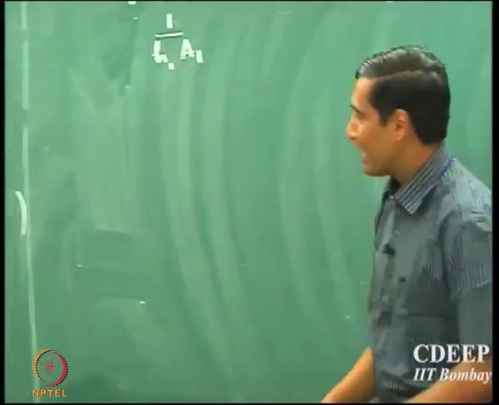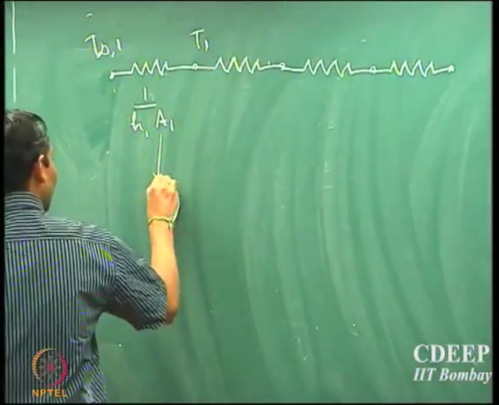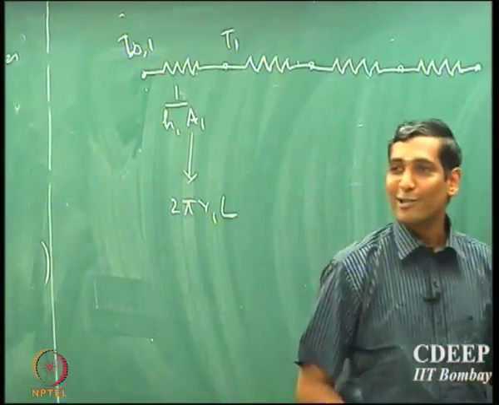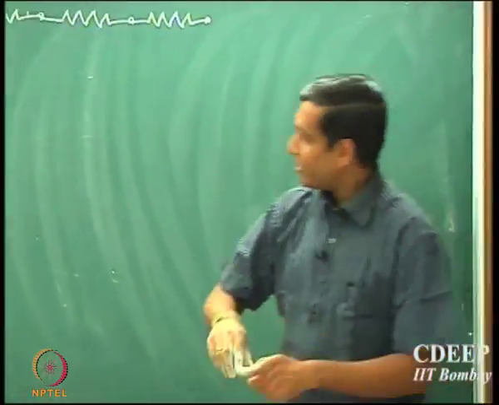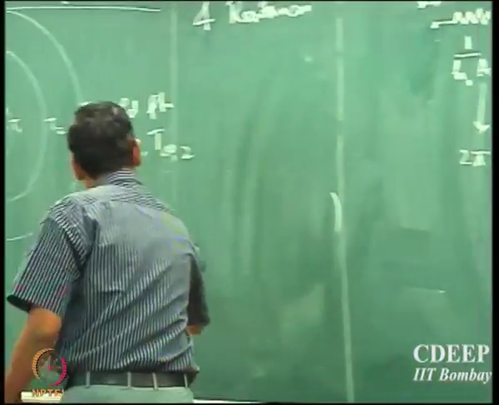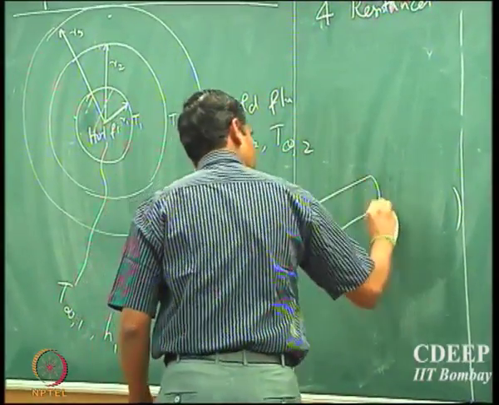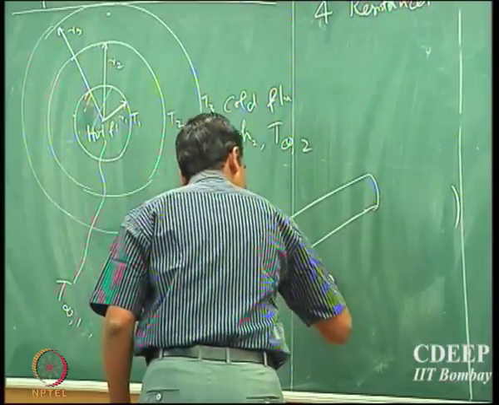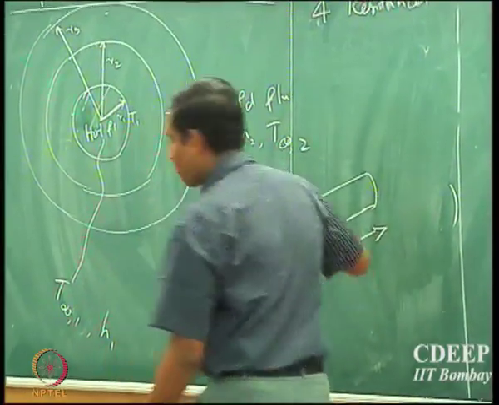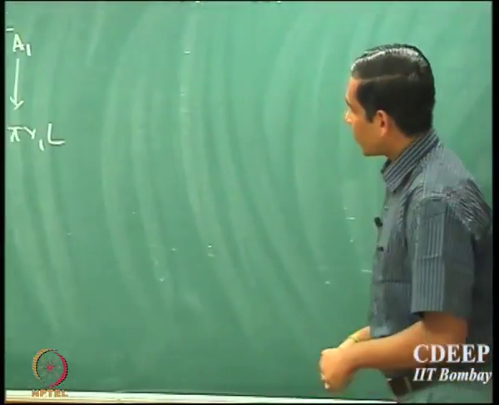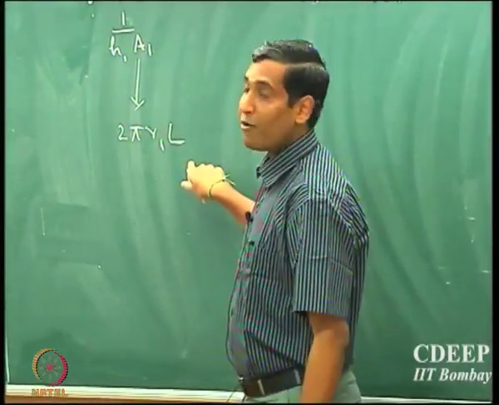This area is 2 pi R1L. So it's not the cross sectional area; the heat transport is actually occurring along the curved surface of the cylinder, and so the area is 2 pi R1 into L.